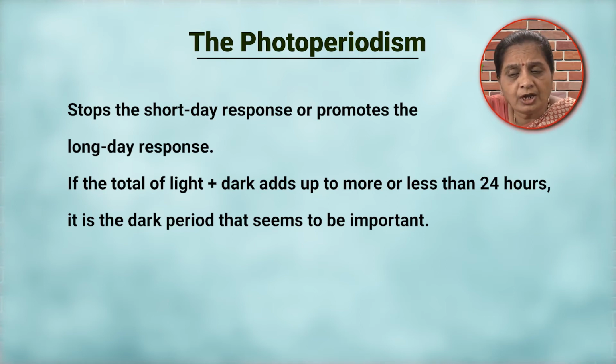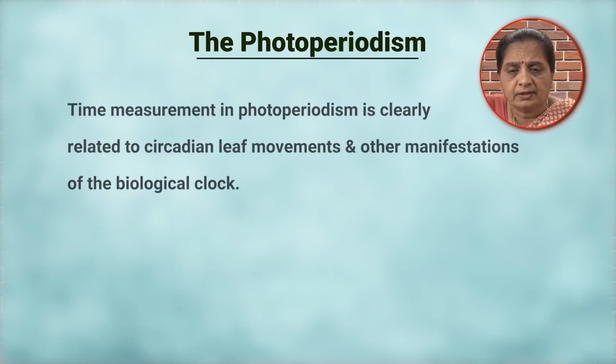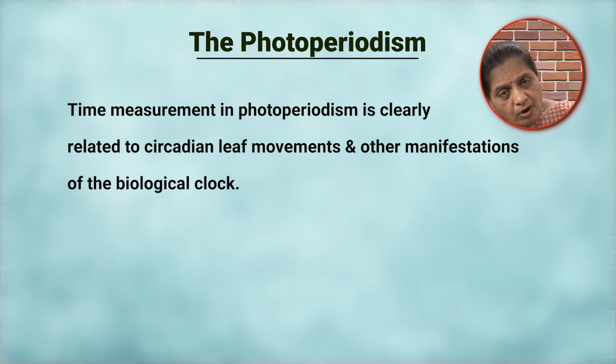If the total of light plus dark adds up to more or less than 24 hours, it is the dark period that seems to be important. Photoperiod sensitive plants measure the duration of both day and night. Time measurement in photoperiodism is clearly related to the circadian leaf movement and other manifestations of the biological clock.